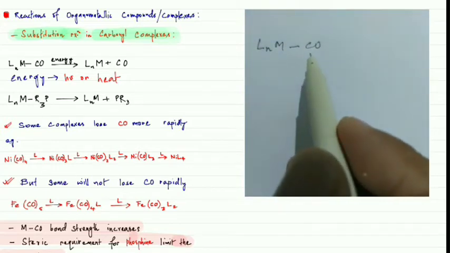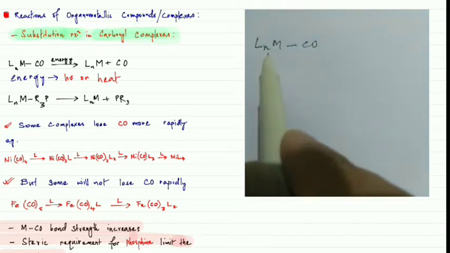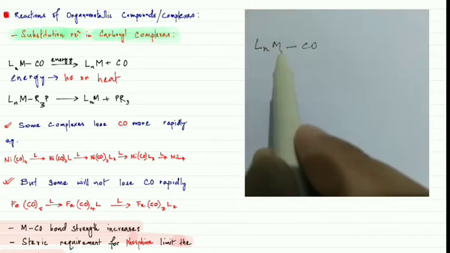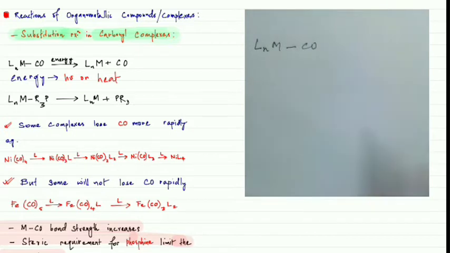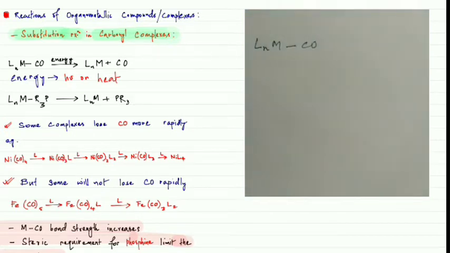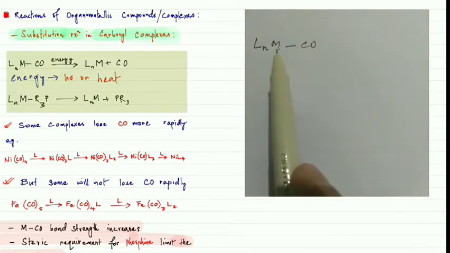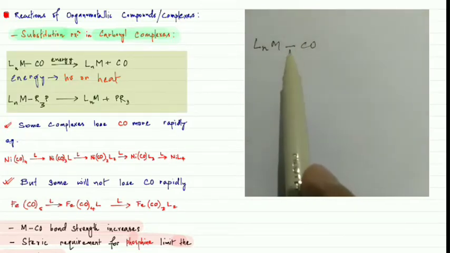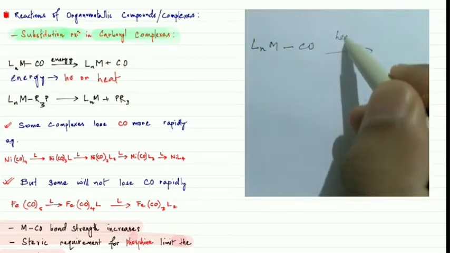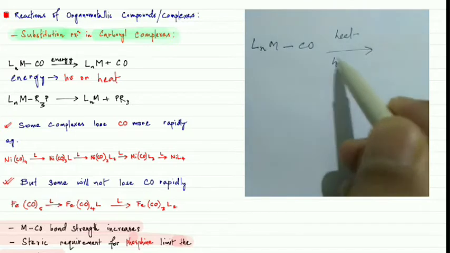This is an organometallic complex where n number of ligands are present. L represents the ligands, M represents a metal, and CO is the carbonyl ligand. When they did this, they first broke this bond between the metal and carbonyl. They broke this bond by applying some energy in the form of heat or hν.